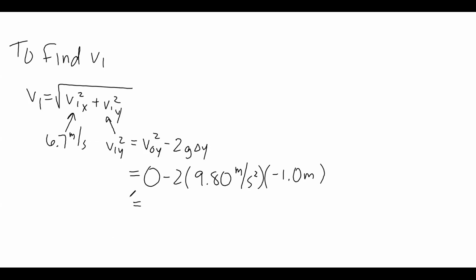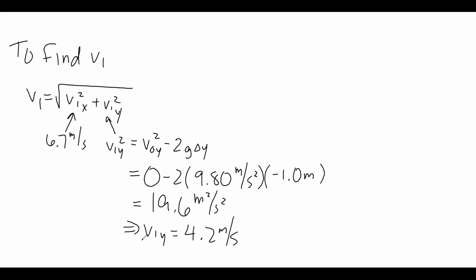I would personally commit that to memory, and as many multiples of 9.8 as you can. The units are technically meters squared per second squared, because it's v1y squared. And so that is v1y equals the square root of 19.6, 4.2 meters per second.